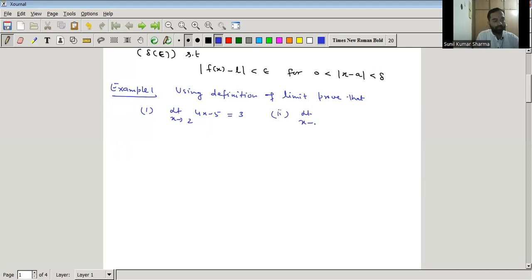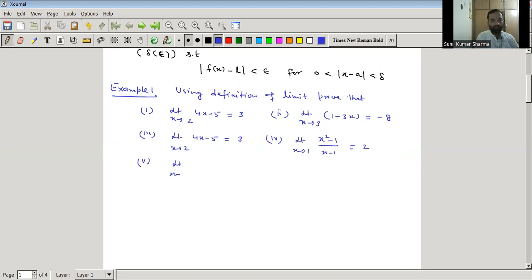Limit x goes to 3, 1 minus 3x is equal to minus 8. Limit x goes to 1, (x square minus 1) upon (x minus 1) is equal to 2.